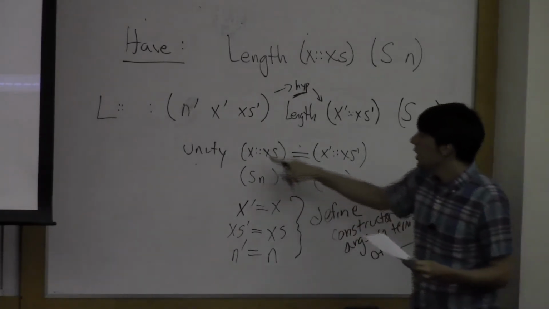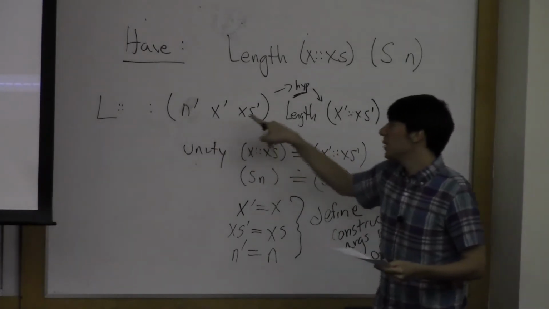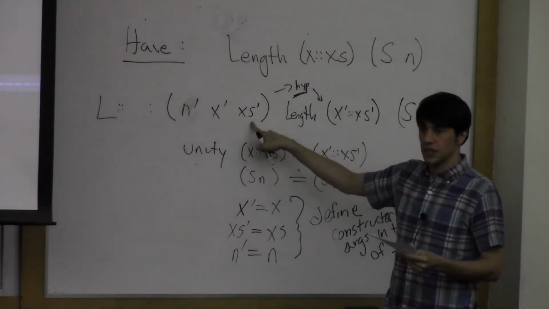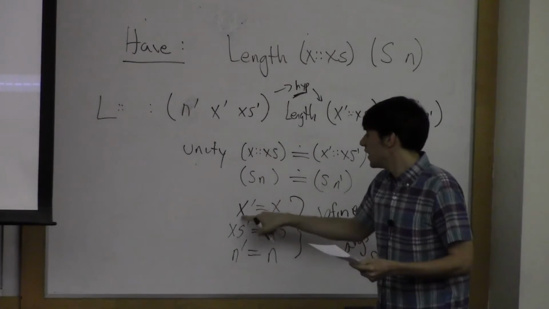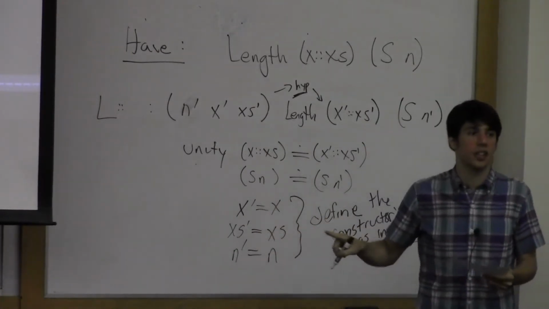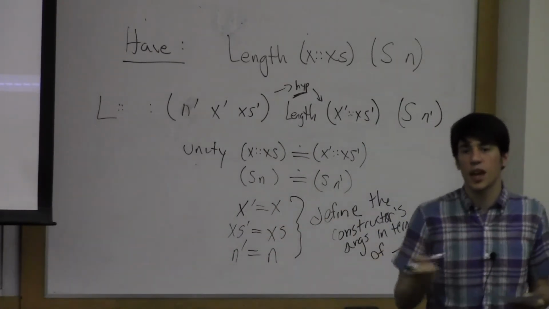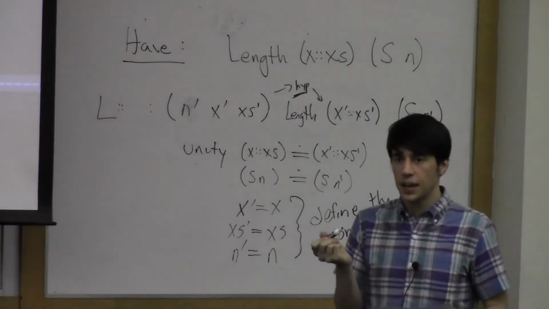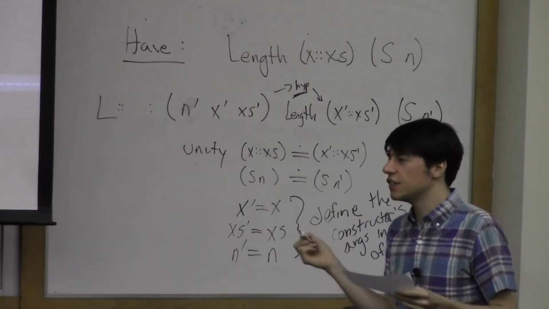Okay? What I mean by the constructor arguments is n prime, x's prime. Right? Here the equations can be thought of as defining the constructor's arguments to make the type come out right. So that's what I was calling inversion yesterday.